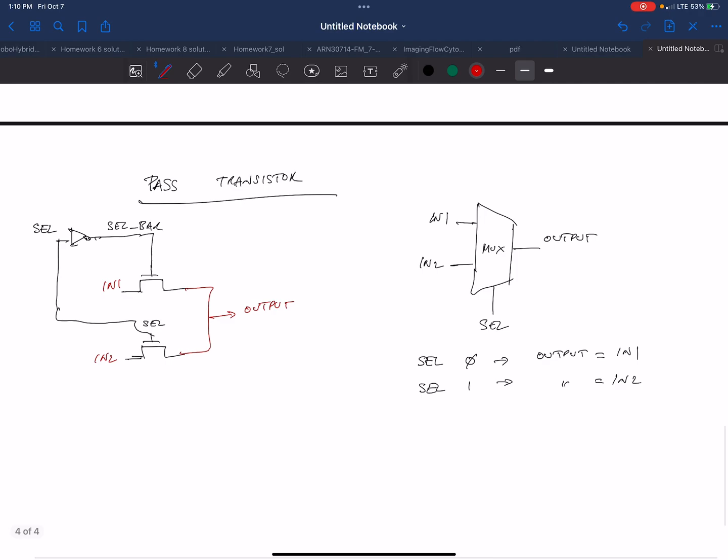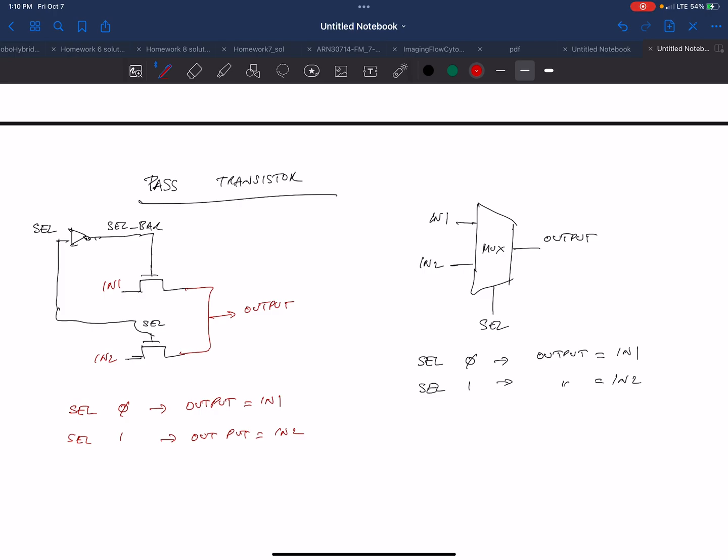So now, to first order, it looks like if select is 0, this one's off, this one's on. So this is an on switch that's connecting in1 with output, so output is equal to in1, and if select is equal to 1, then the output is equal to in2.